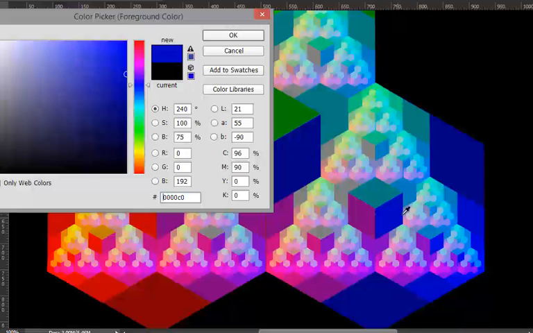So I'm getting half of what I had before, closer to 100% blue. Sorry, closer to the brightest blue that you could possibly imagine, right?